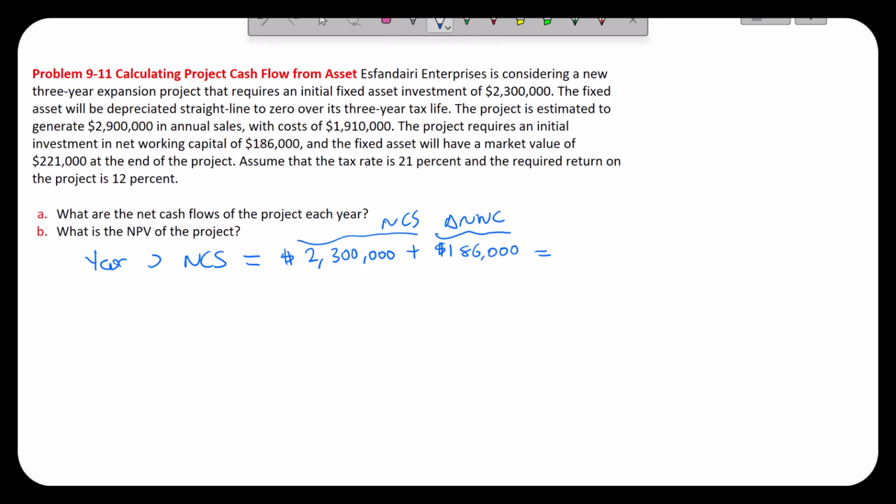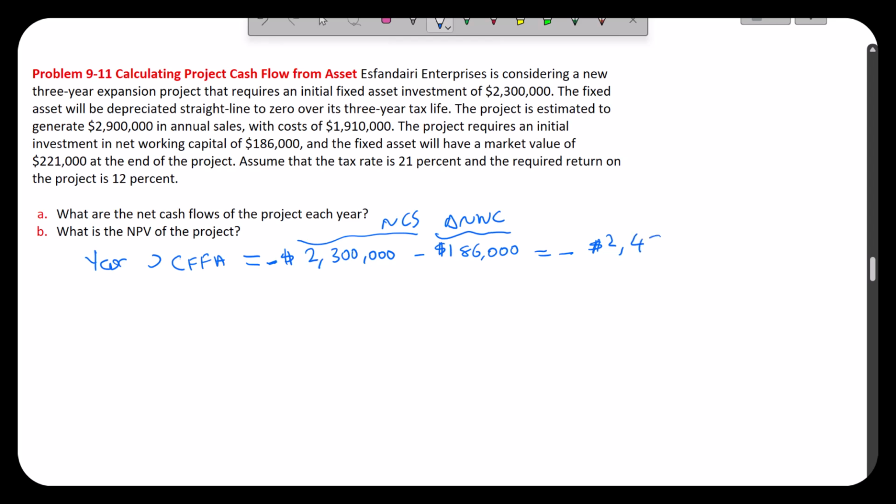Hence, this is year zero CFFA. So let's put a negative in front of those. And it will be negative $2,486,000. That part was easy.